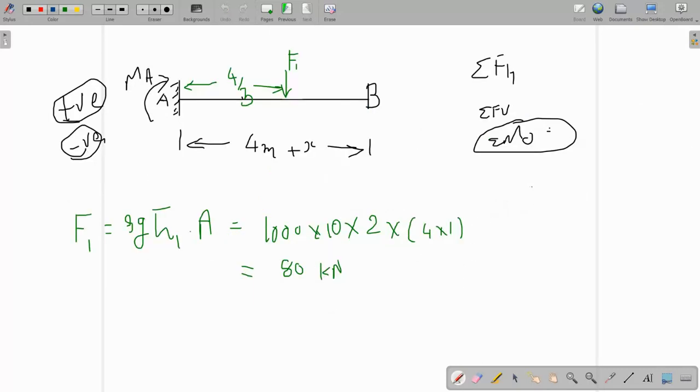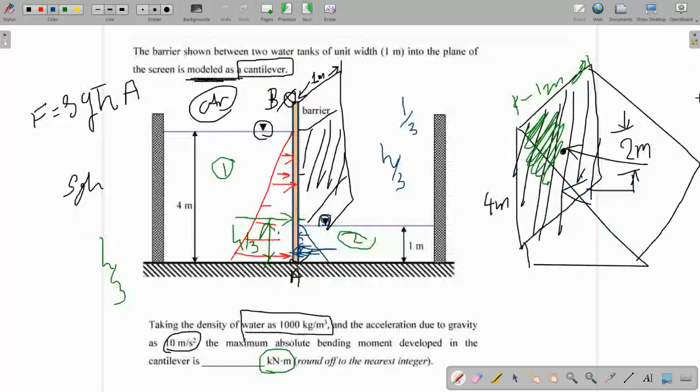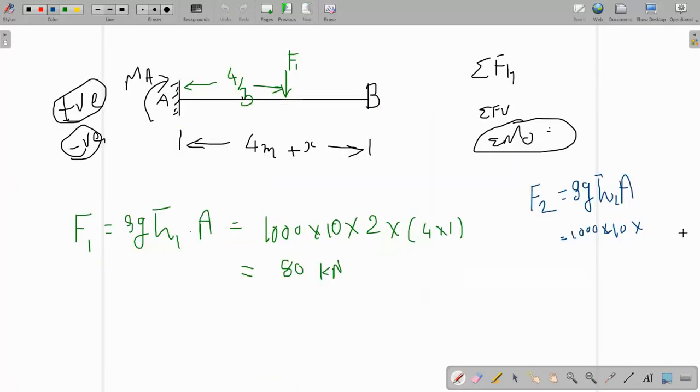So F2 force will be rho g h bar into area. Rho is 1000, g is 10. What is the H2 bar? That is the average height, 0.5 meter, 1 by 2 you can say.